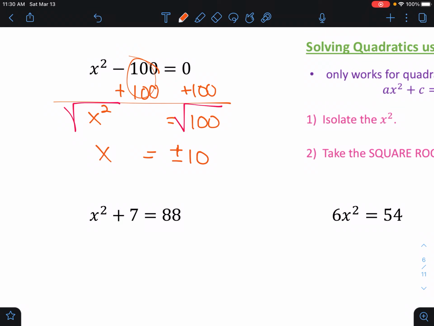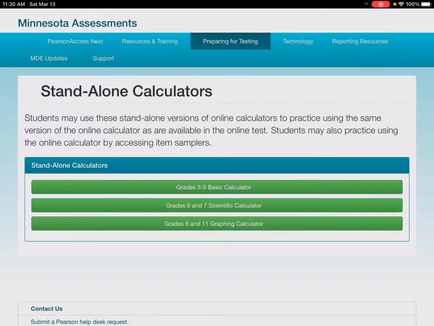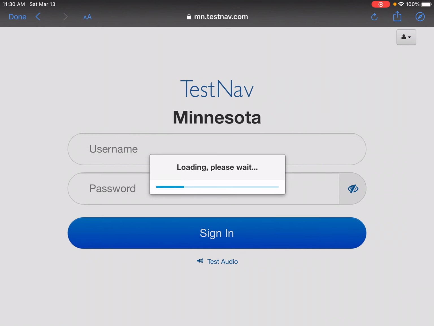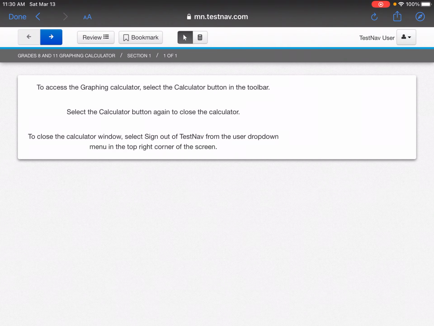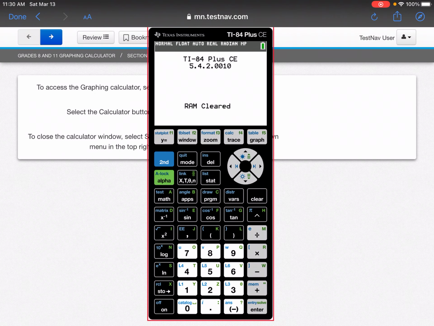So if you're not good with your square roots, you can always use your calculator. So pull that up. Okay, and then the square root button. If you'll notice, here's the squared button right here, right? So I want the square root.